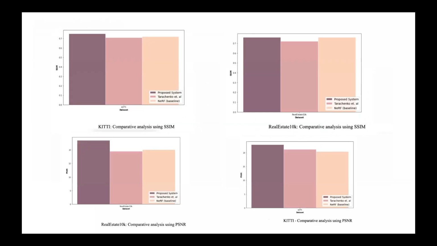This is also a comparative study we did with both our datasets, and we find our work is pretty good when compared with the other state of the art models.